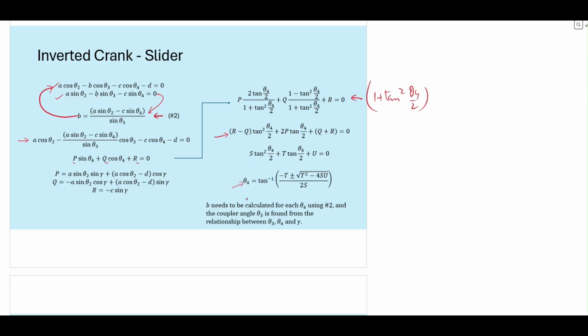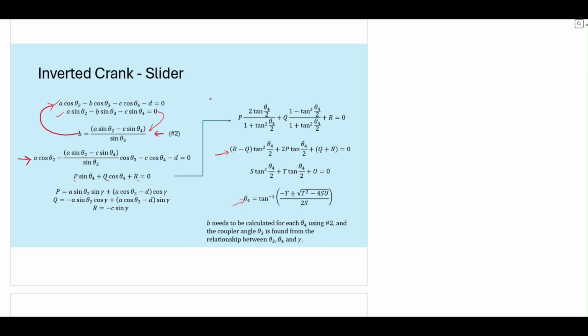So quickly, to derive the expressions for P, Q, and R, this equation, multiply that by sine theta 3 on both sides. I get a cos theta 2 sine theta 3 minus a sine theta 2 cos theta 3 plus c sine theta 4 cos theta 3 minus c cos theta 4 sine theta 3 minus d sine theta 3 equals 0.